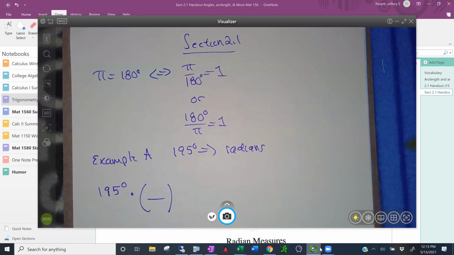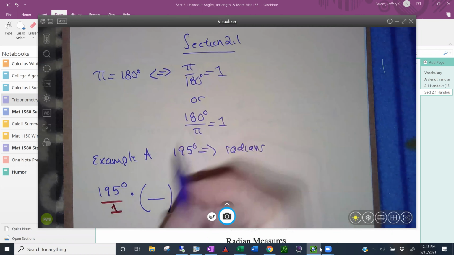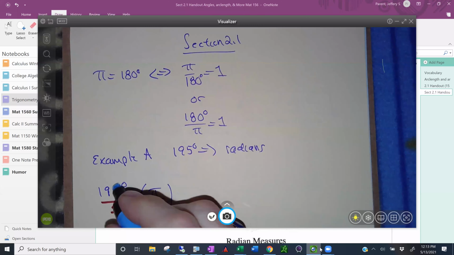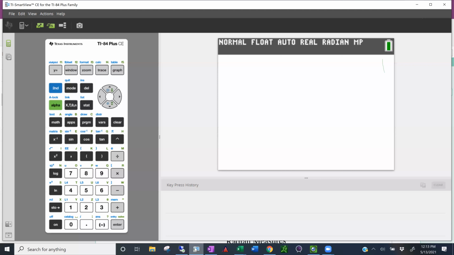I can think of this as 195 over 1, if I like, and then I'll multiply by pi over 180. What's nice about this is you can see the units cancel out real nicely. You got rid of the units of degrees, and you're going to be left with something in radians.